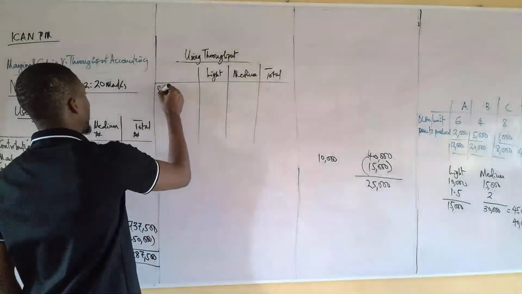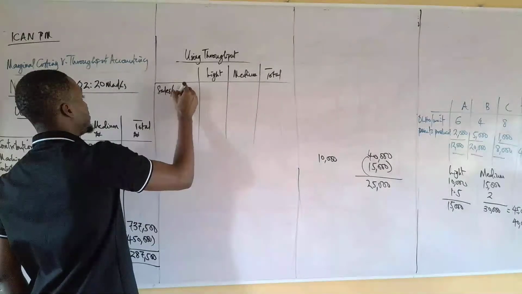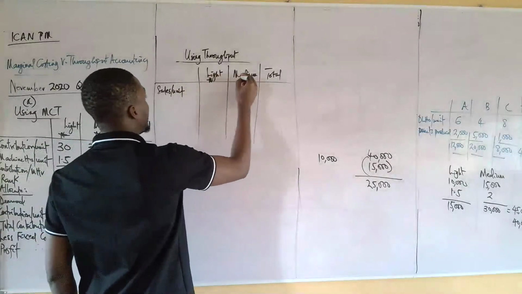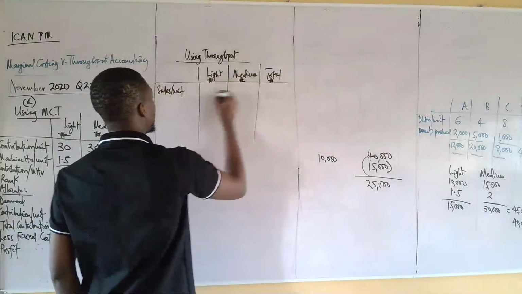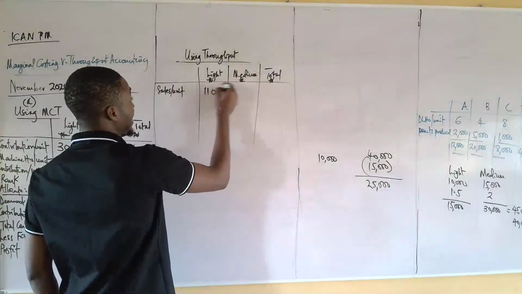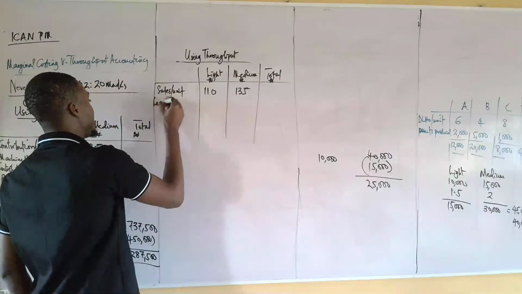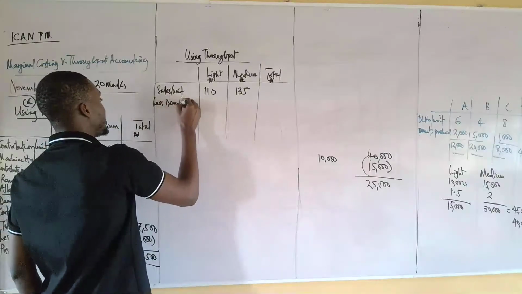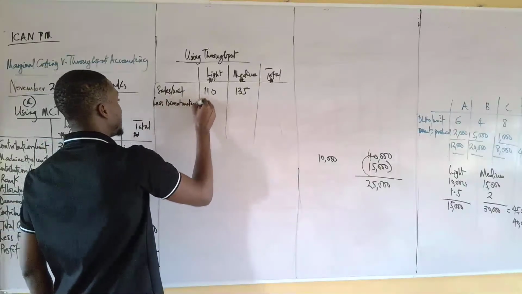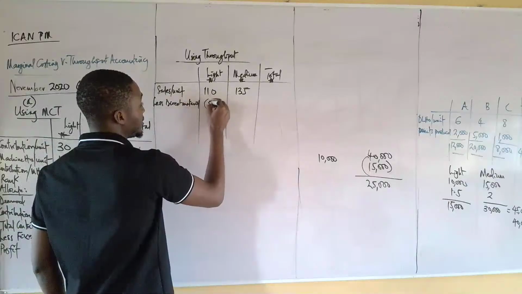So bring in sales per unit here. What is the price per unit? 110 and 135, less direct material. Here's what? 50, 45.